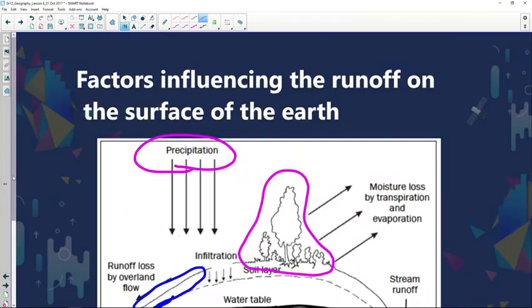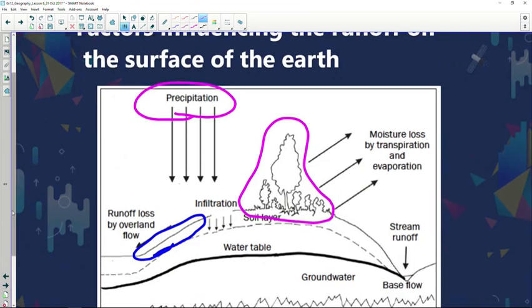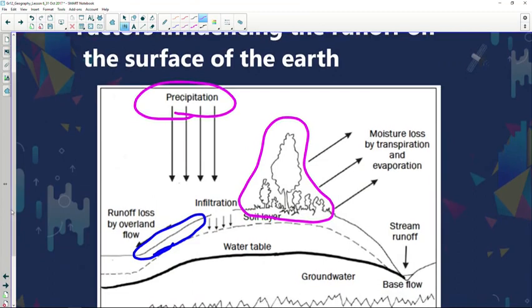So if you look back at this diagram over here, you will notice where the plants are, there's going to be less surface runoff. There's less water on the surface, but rather underground runoff, and that will lead to base flow.